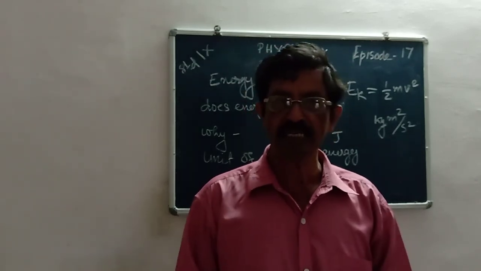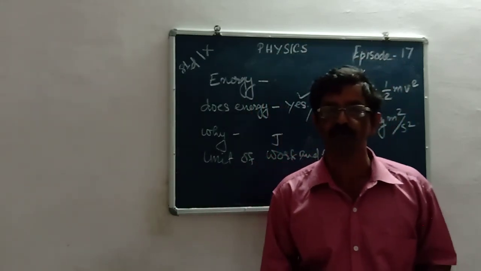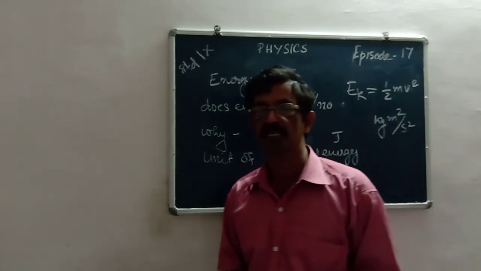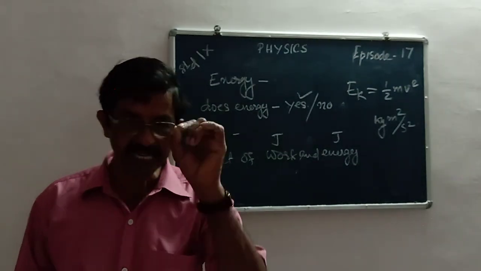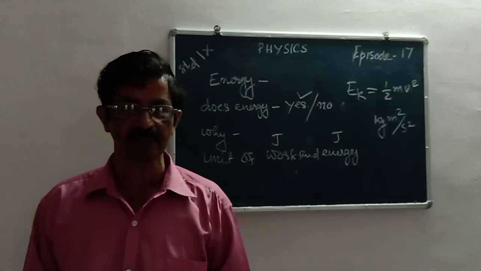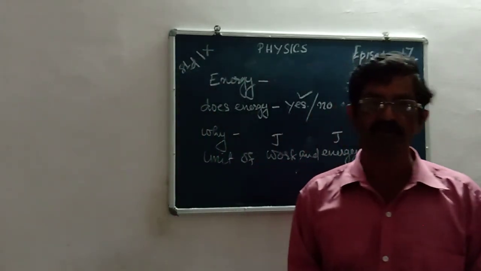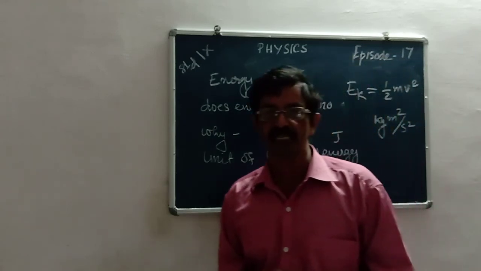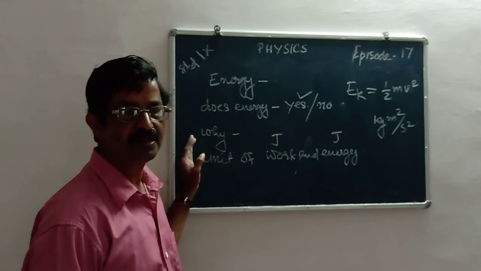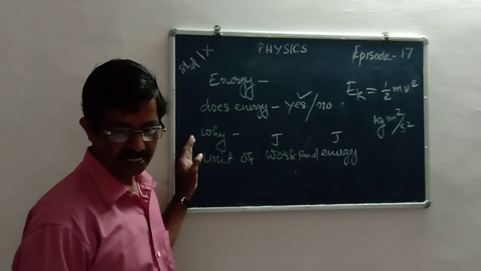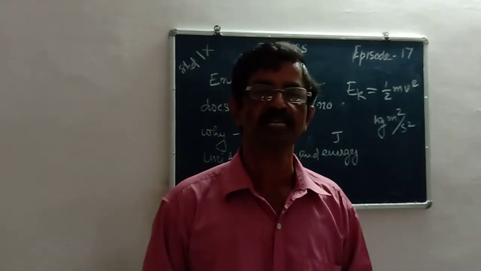We know work as the product of force and displacement, and it is a scalar quantity. That means it has only magnitude, no direction. Then the relation connecting work and energy, and some activities to find this energy.